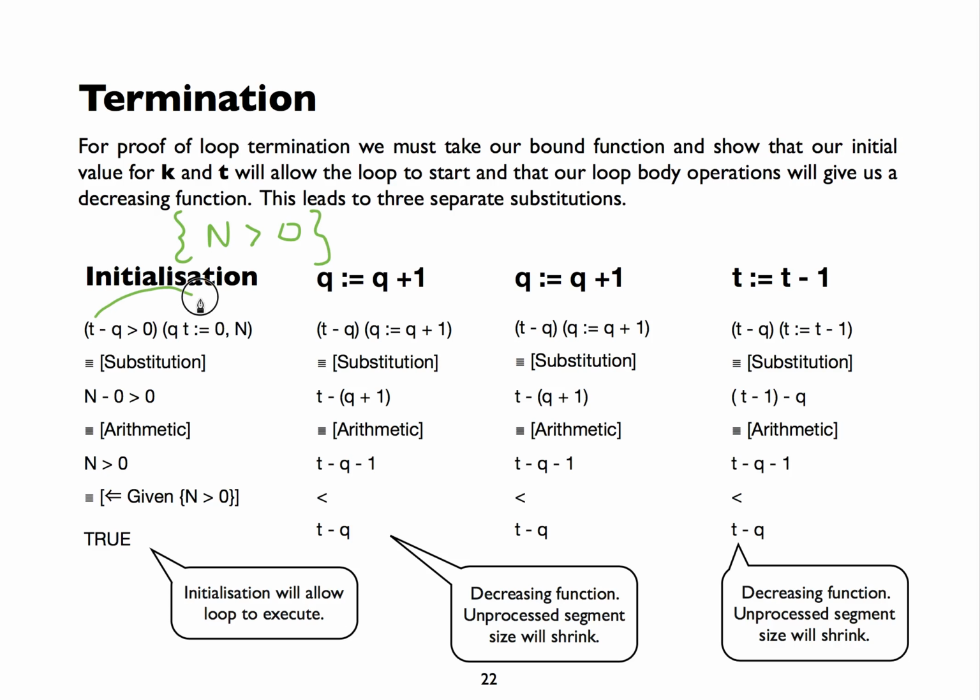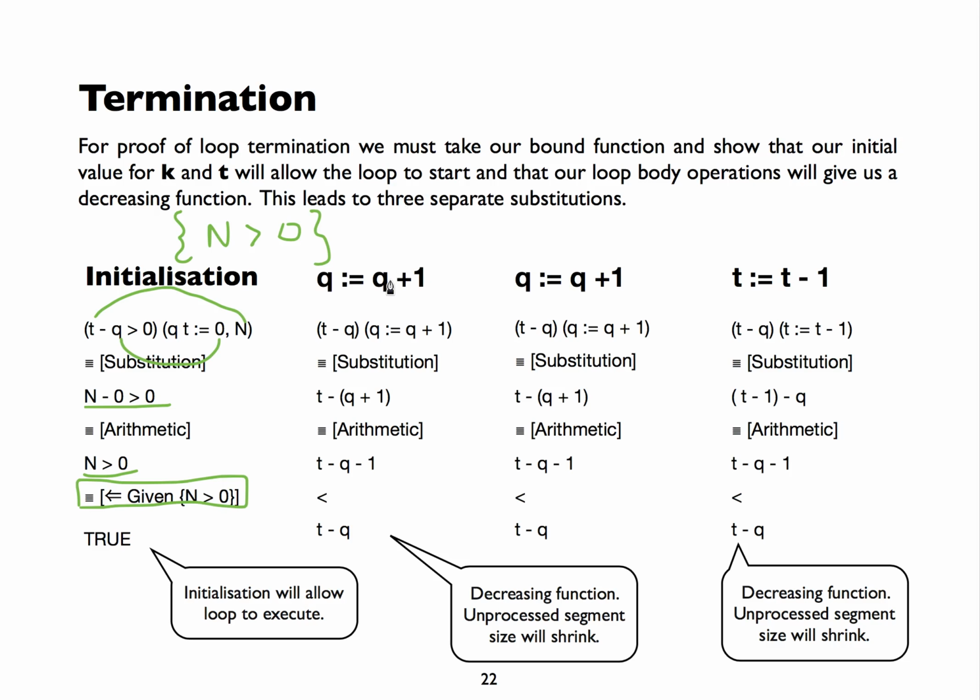So we get n minus 0 greater than 0. Through arithmetic, we know that n minus 0 is n, so we get n greater than 0. And that follows from what we were given at the beginning of the program in our specification.